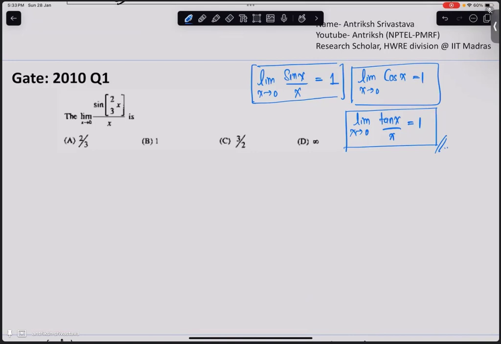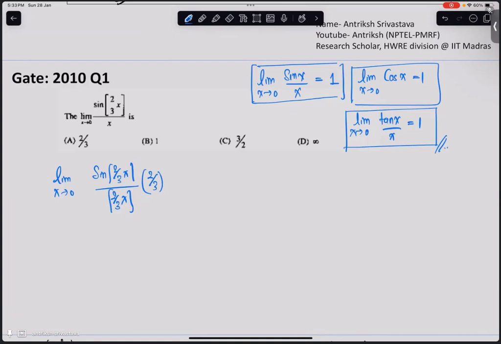So you see, we can write this expression as sine of 2/3 x divided by 2/3 x. And since we have introduced 2/3 ourselves, we have to multiply by 2/3 on the outside also.